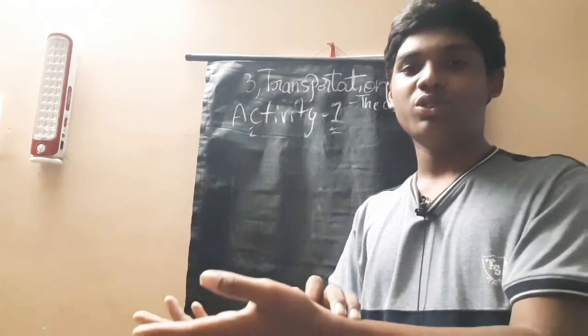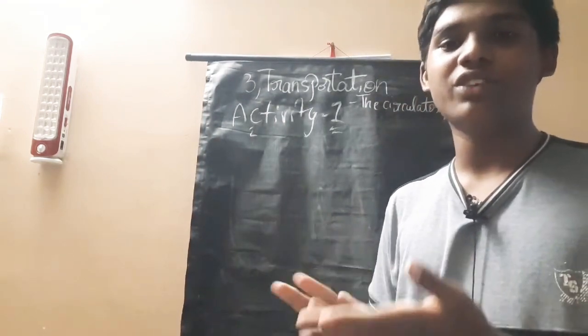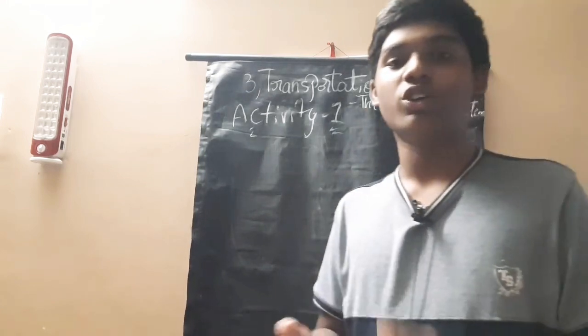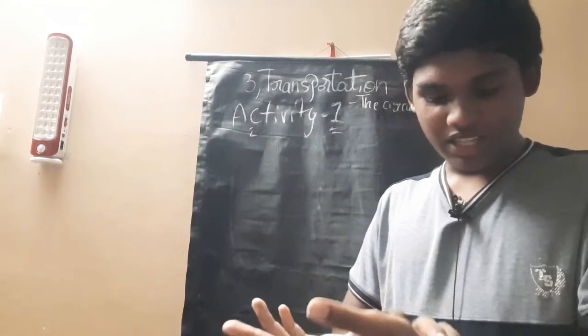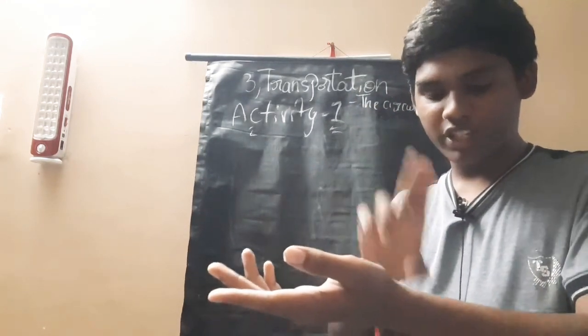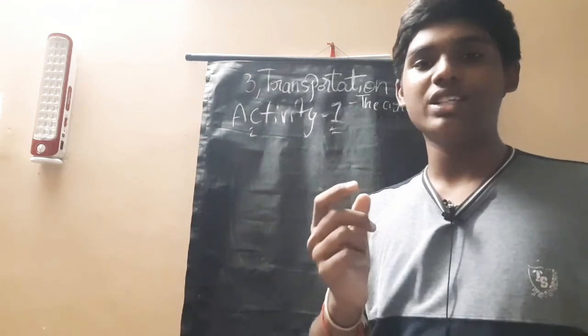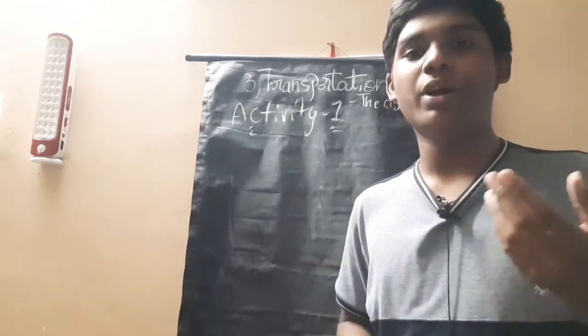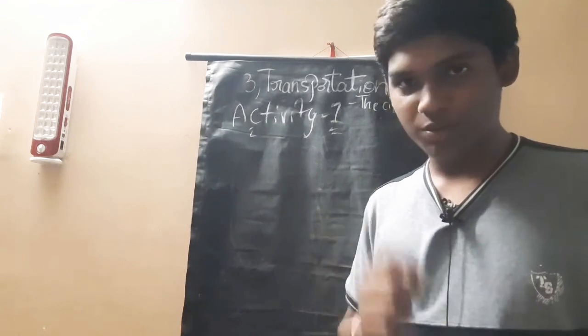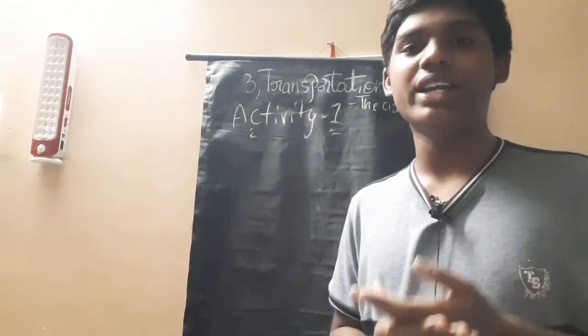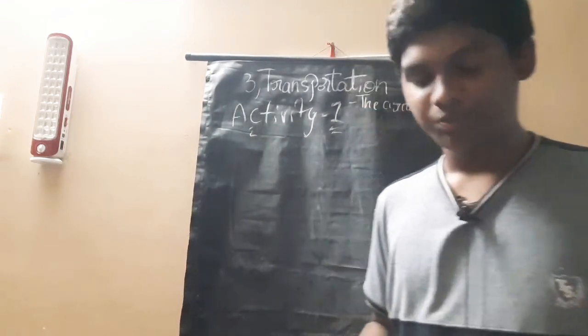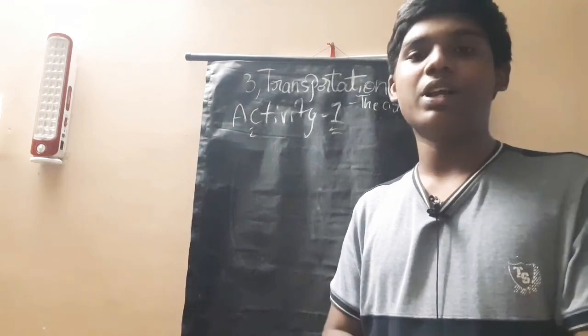After keeping your index and middle fingers on your wrist, you observe that some nerve is rhythmically moving up and down. What is this actually? This is nothing but the pulse rate.